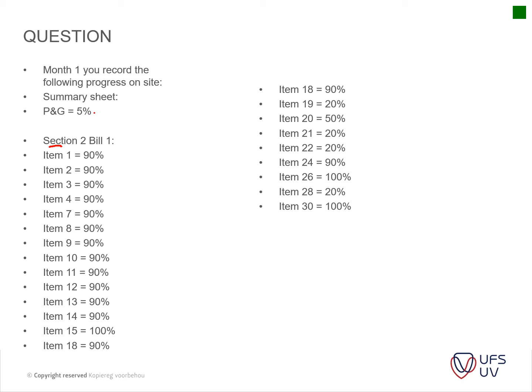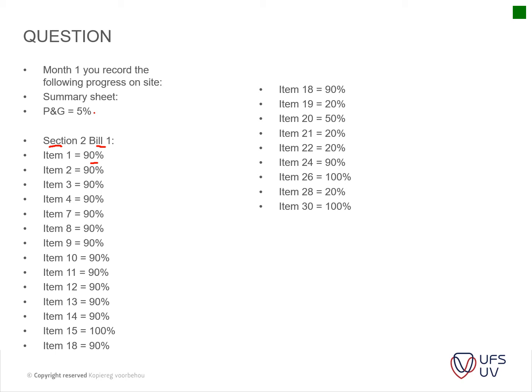So you will have your section 1, bill 1, which is our earthworks in this case. Item 1 we measured, for instance, the external strip footing. When we get to the BOQ, we will see which item this actually is. So we've measured the exterior strip footing, and we established that 90% of the strip footing has been done.